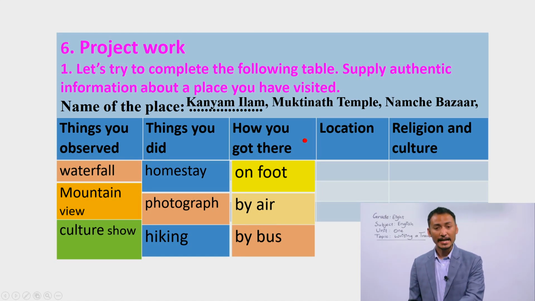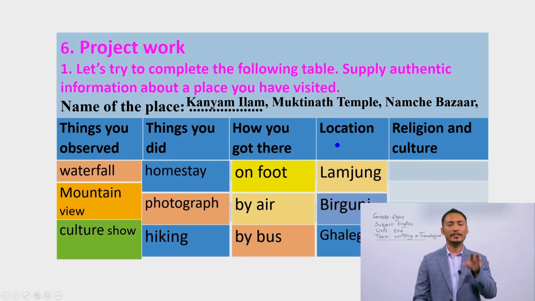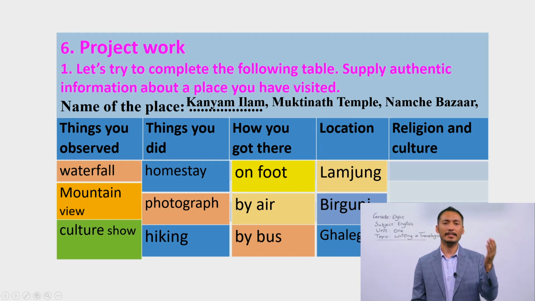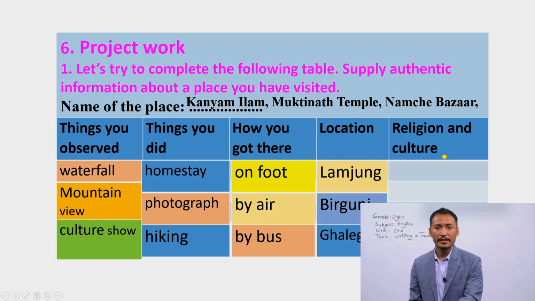Now next, location. By the word location, it means the address or place, situation. Where is it? What is the name of the place, what are the surrounding places, and its locality? You can talk about that here. Next is religion and culture.